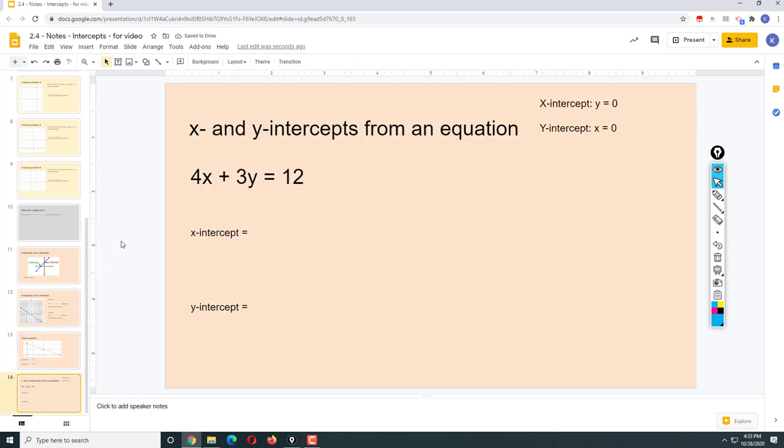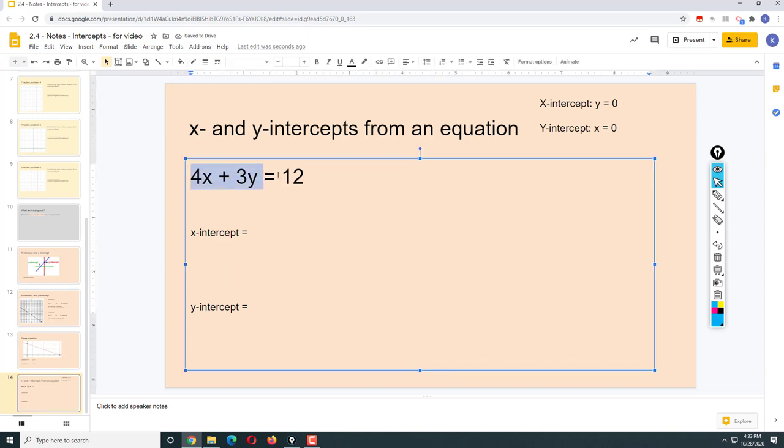So, if we have an equation, 4x plus 3y equals 12, to find the x-intercept, we know y equals 0. So, given our equation, we can replace y with 0. When we do that, 3 times 0 is 0. If we have 3 people, each person has $0, no money, then together they have no money.